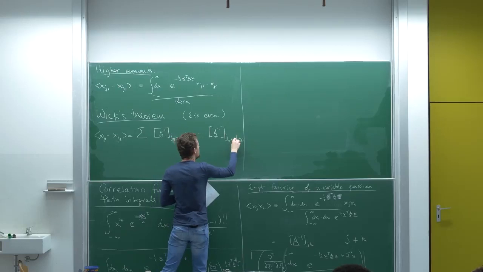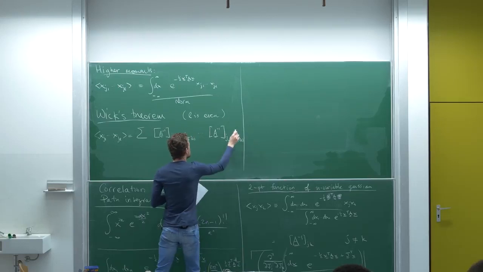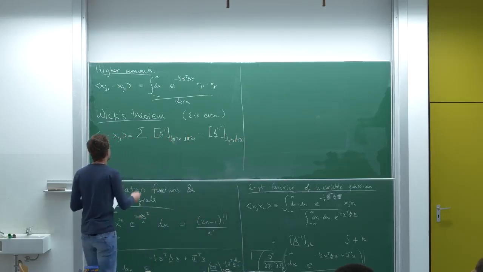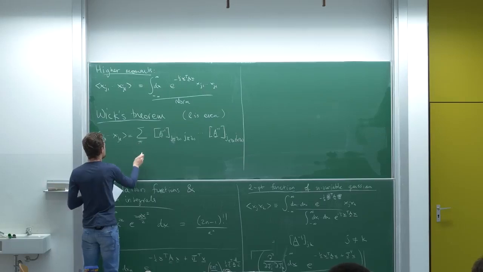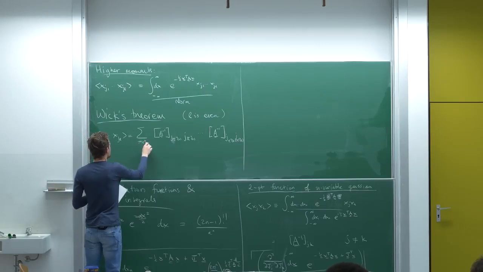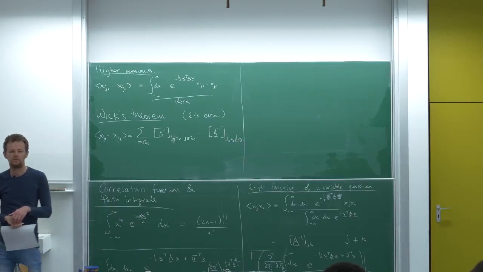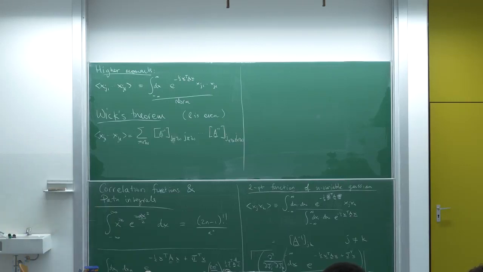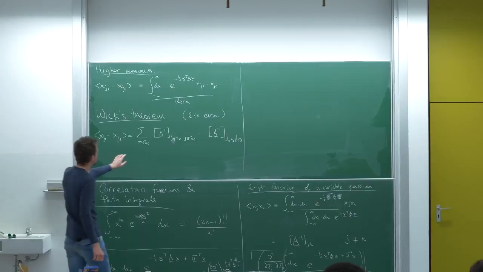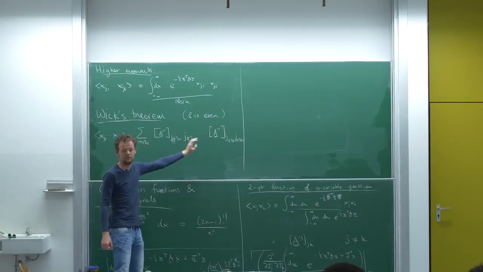Oops, a J there. What we get is a sum of products of matrix elements of the inverse matrix A.